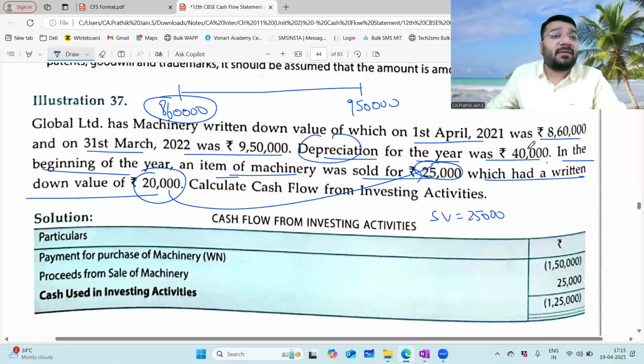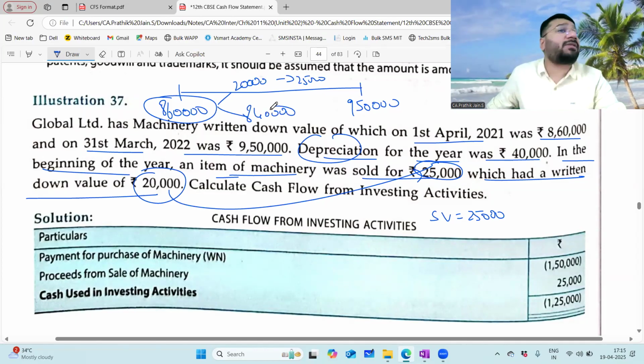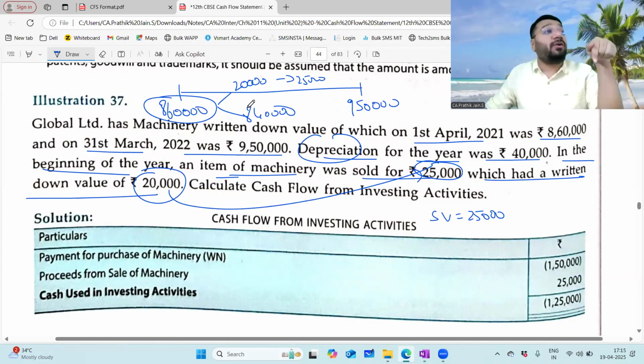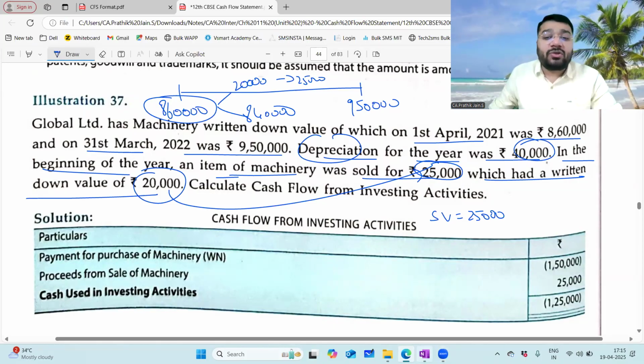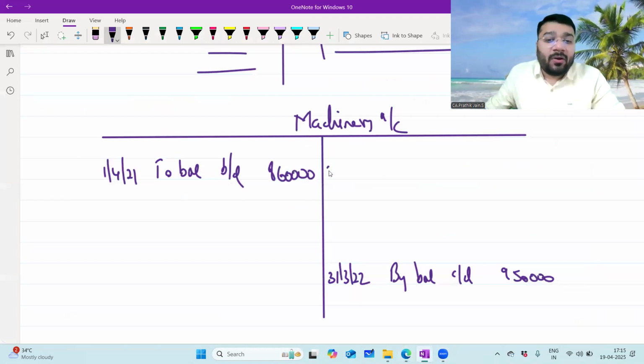Depreciation for the year means, in this 8,60,000 worth of asset, 20,000 worth of the asset is sold for 25,000. But the remaining asset which is worth 8,40,000, that they've used. On that 8,40,000 worth of the asset, the depreciation is how much? 40,000. So what is the entry for that? On 31/3/22, by depreciation 40,000 rupees.